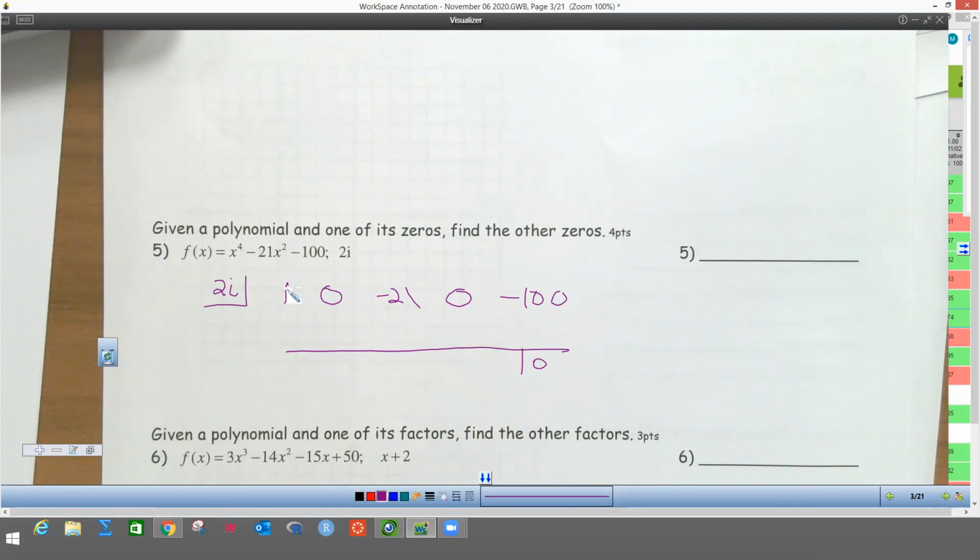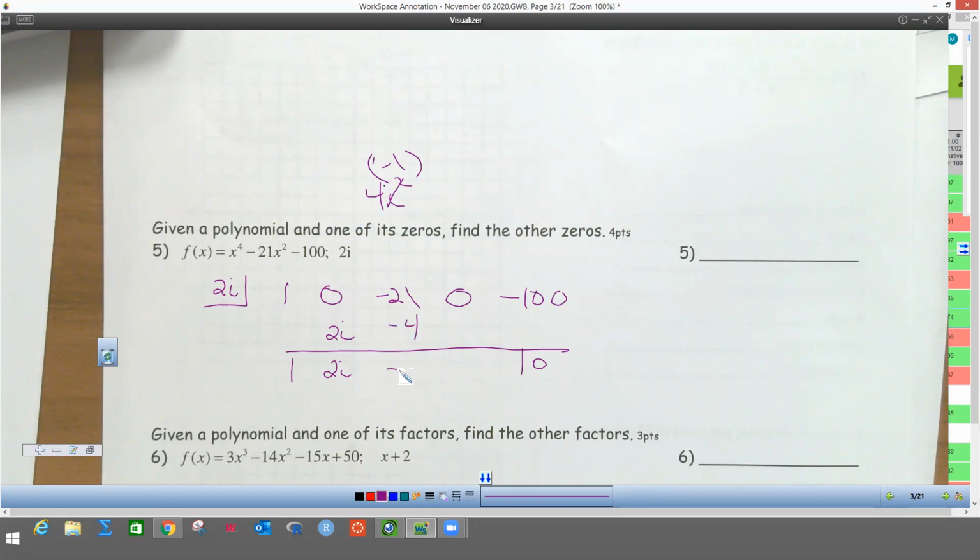So the rule is you take your number on the top and move it down underneath, then take the number in the box, multiply it times the number underneath, and put it under the next number. So 2i times 1 is 2i, and then 0 plus 2i is 2i. Then 2i times 2i is 4i squared, and i squared is negative 1, so negative 1 times 4 is negative 4.